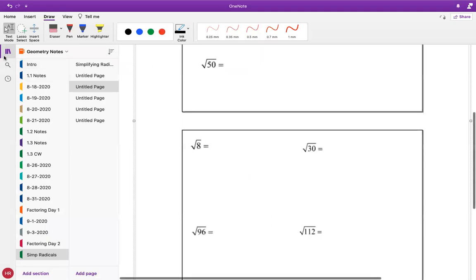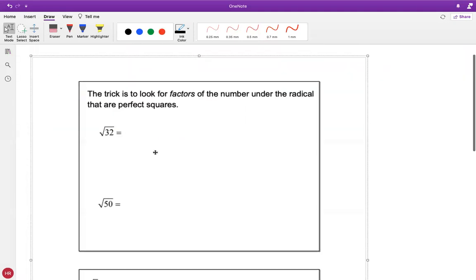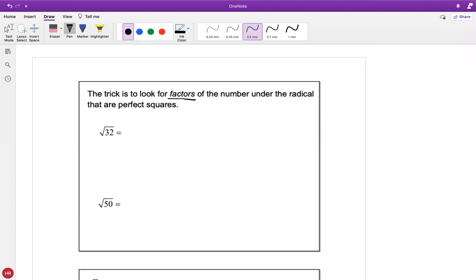So there's a million of these possible. There's so many examples here. So like I said before, the trick is to look for factors of the numbers that multiply to make the one under here that are perfect squares. So I think of 32, this is 2 times 16, and this is one of my perfect squares.